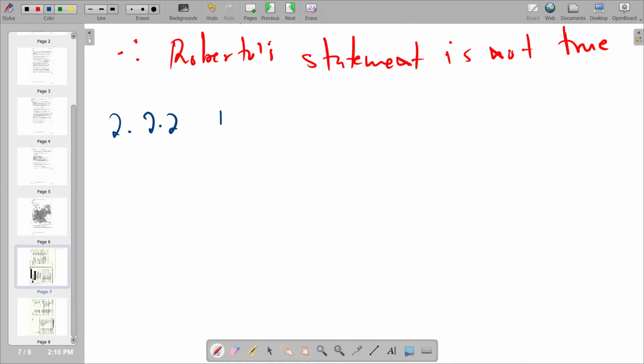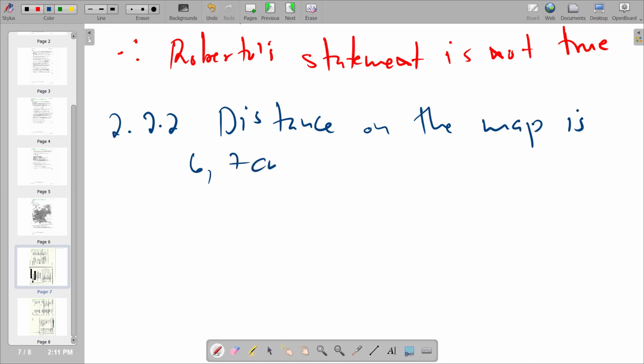So for 2.2.1, the distance on the map is 6.7 centimeters.